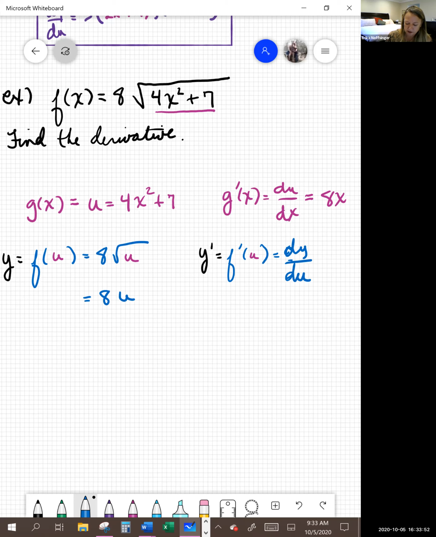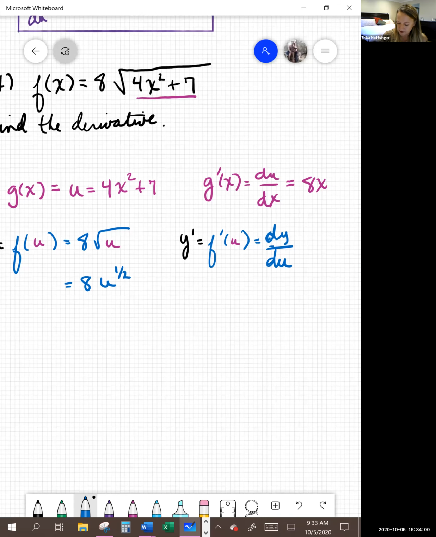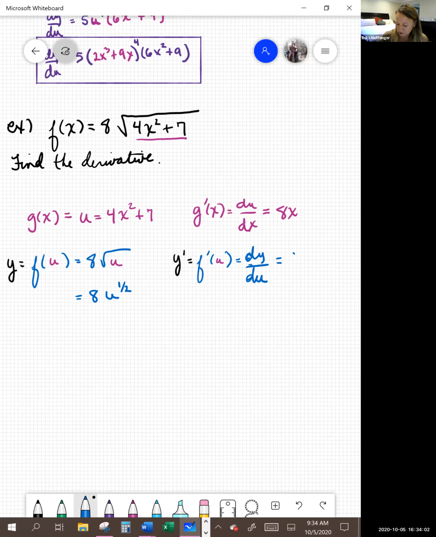So the square root is the same thing as the 1/2 power. So in that form, you can see we're bringing our power down front. So 8 times 1/2 u, and then we're subtracting 1 from that power. So 1/2 minus 1. I'm going to write that 1 in as a common denominator, 2 over 2.